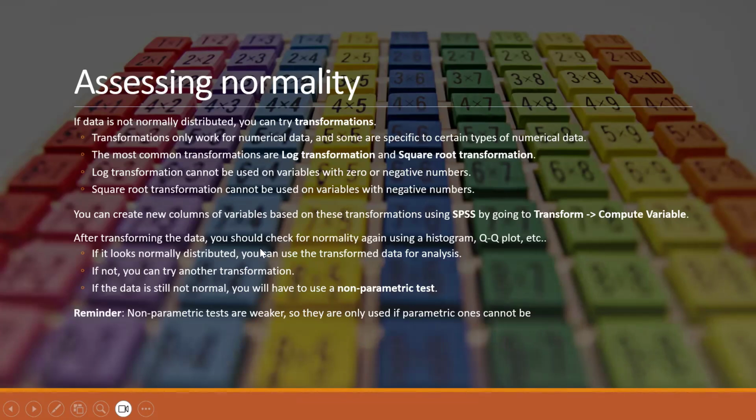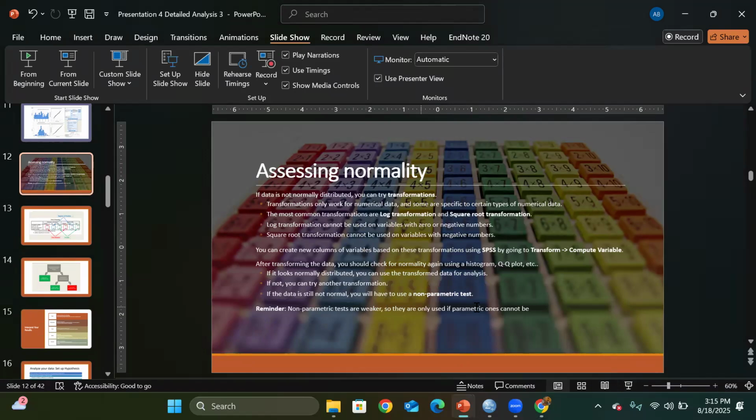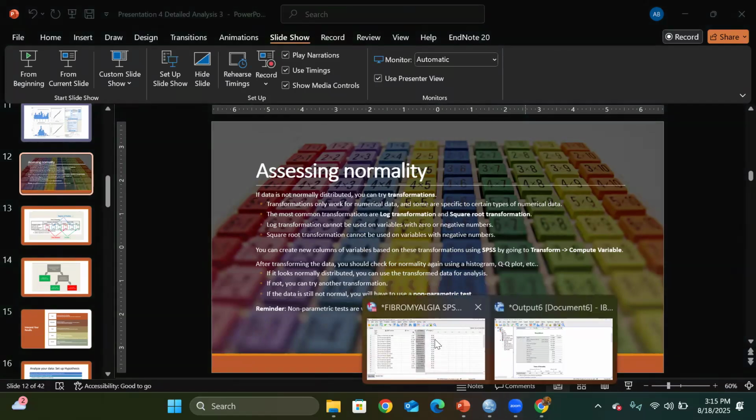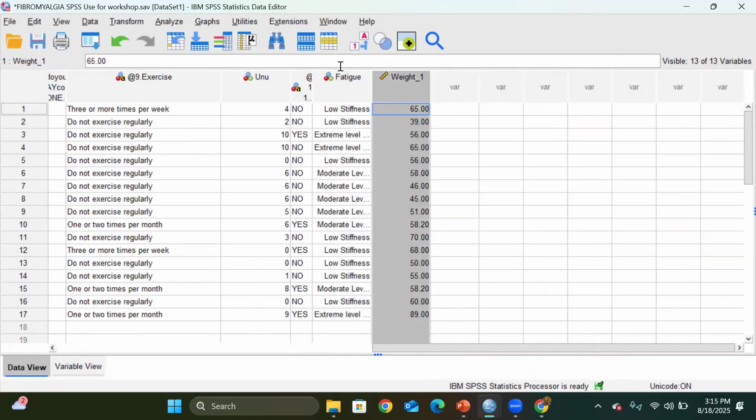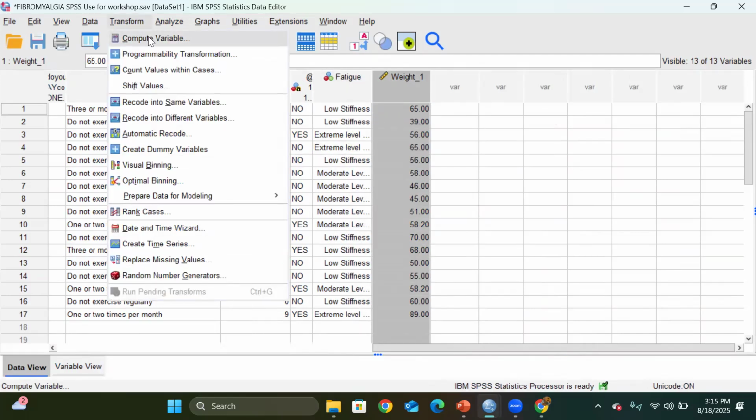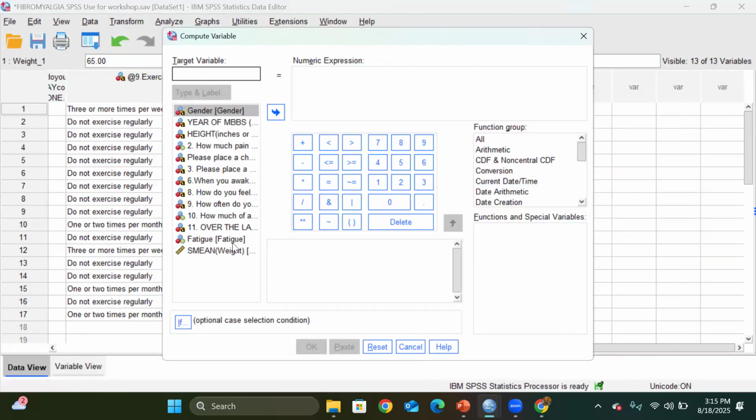Non-parametric tests are weaker, so they're only used if the parametric ones cannot be. Okay, so suppose this is my data set and it turns out to be not normal. What I will do is go into Transform, Compute, and I will take the square root of this.